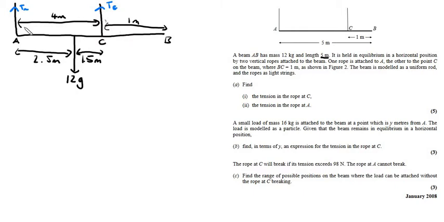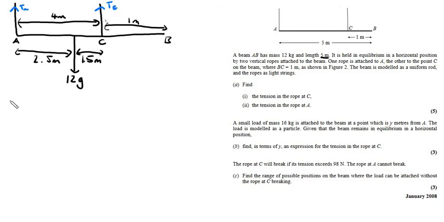So, given that these two aren't equal, how are we going to find the tension in C? Well, the best thing to do is to take moments about A, and then we can ignore the tension at A and just focus on the tension at C.